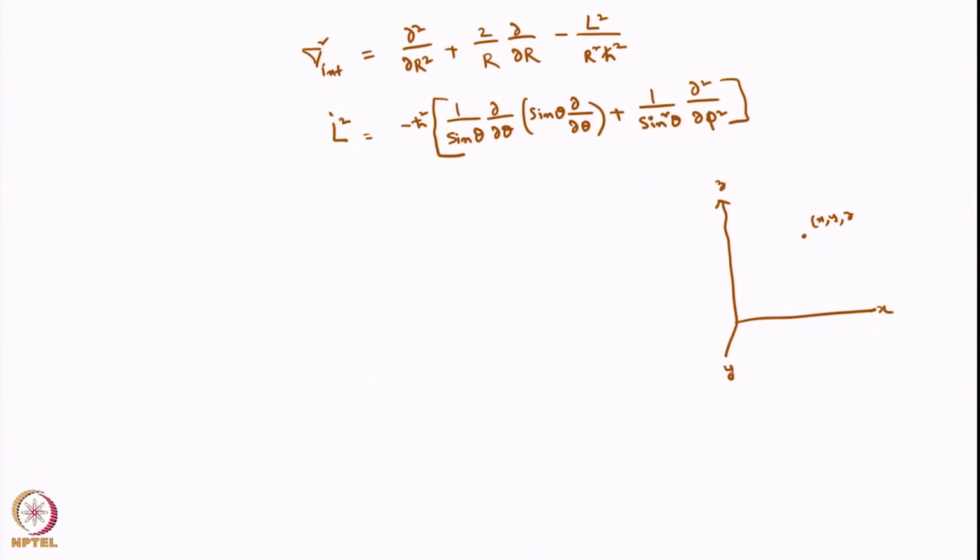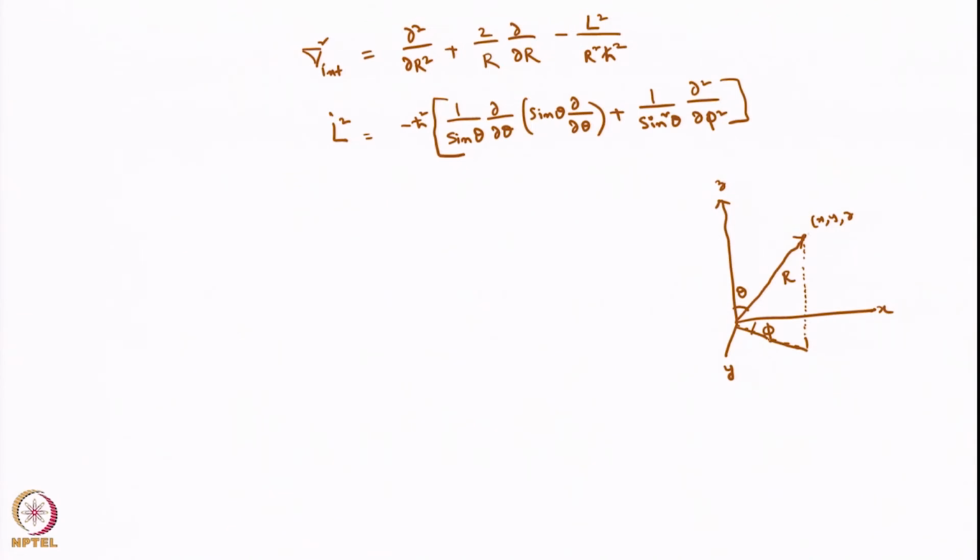Now, this distance is r, and this angle from the z axis is theta, and the projection of this onto the xy plane gives the angle phi.